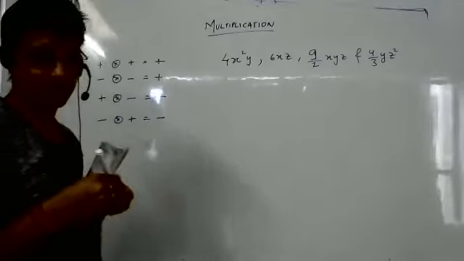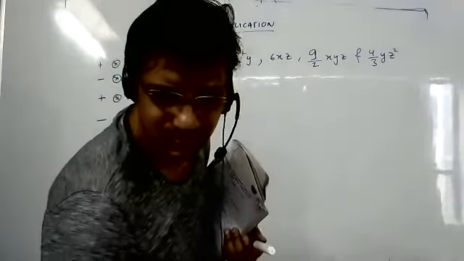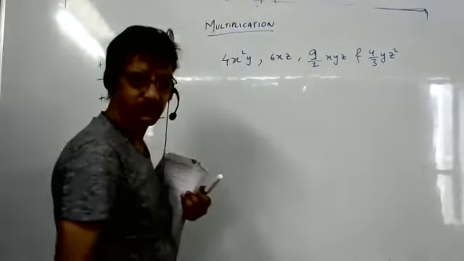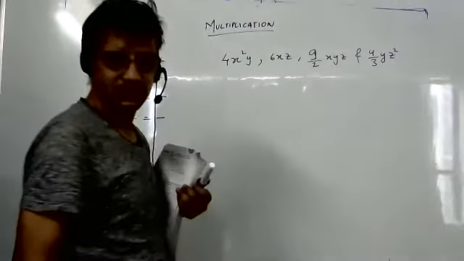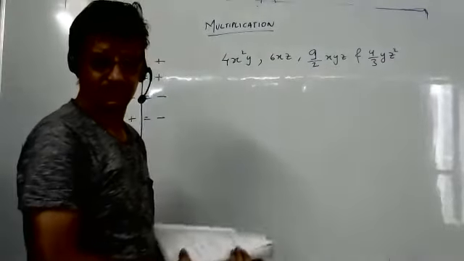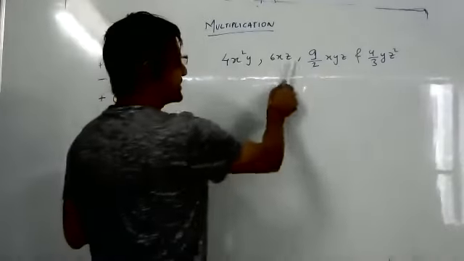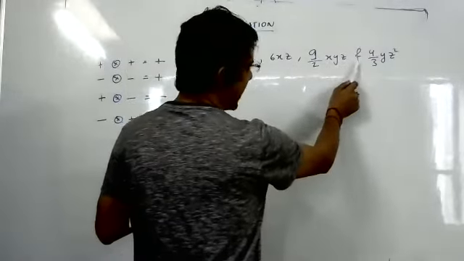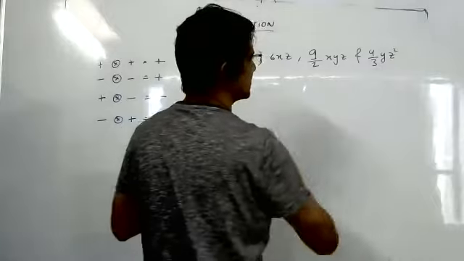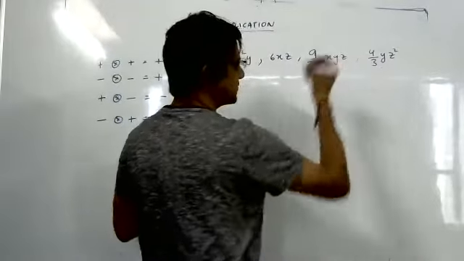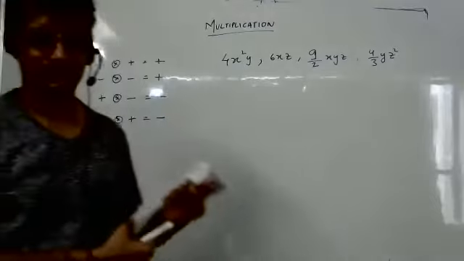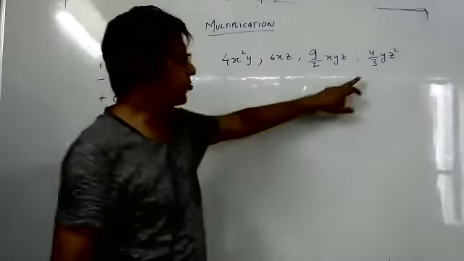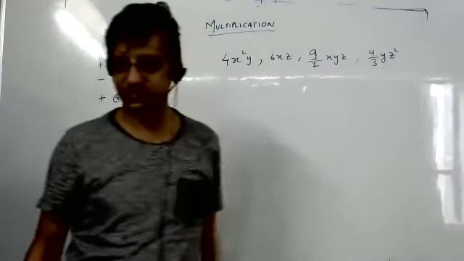The second one is 6xz. This is 4x square y, 6xz, 9/2 xyz and 4/3 yz square. So what's the last one, sir? After 4/3, yz square.